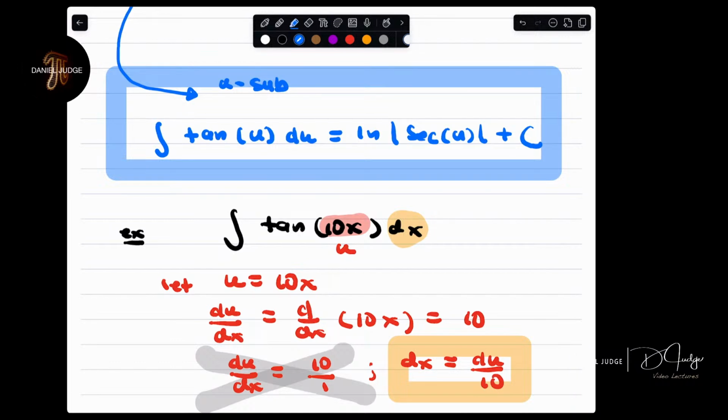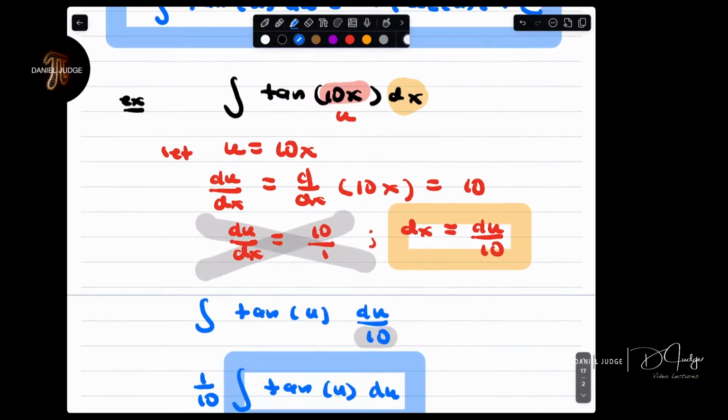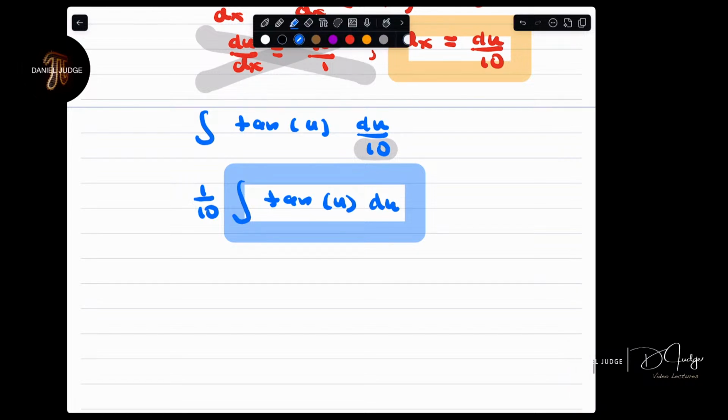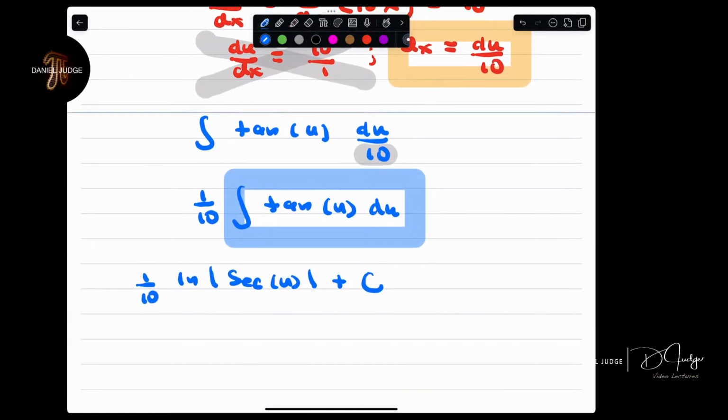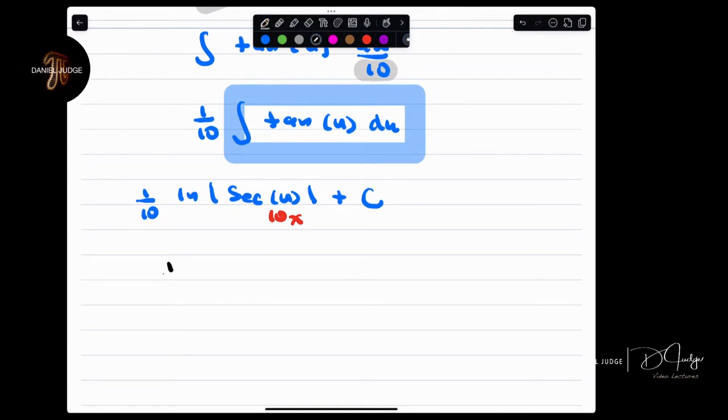Yes, we do. It's the natural log absolute value of secant of u plus c. So having that in your memory banks is very helpful. And u now, don't ever forget, our u value is 10x. So let's let u be 10x because that's what it is. Replace this with a 10x. And so, ladies and gentlemen, you have 1/10 natural log absolute value of secant 10x plus c.